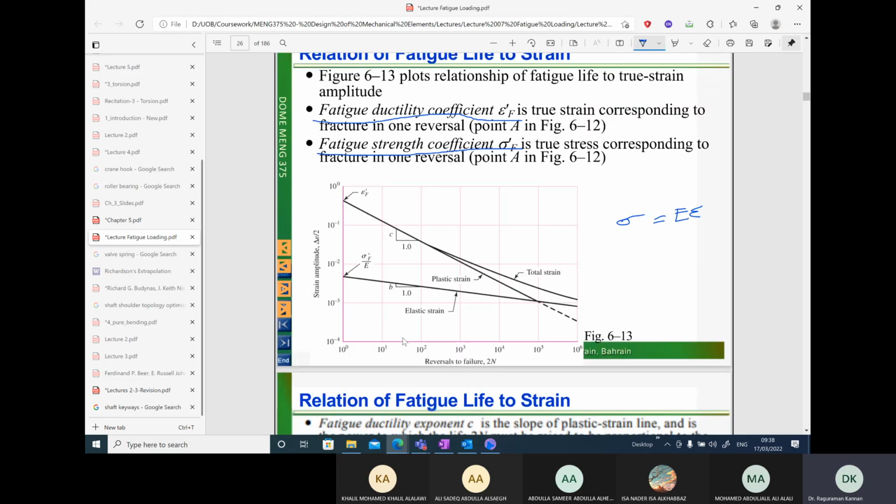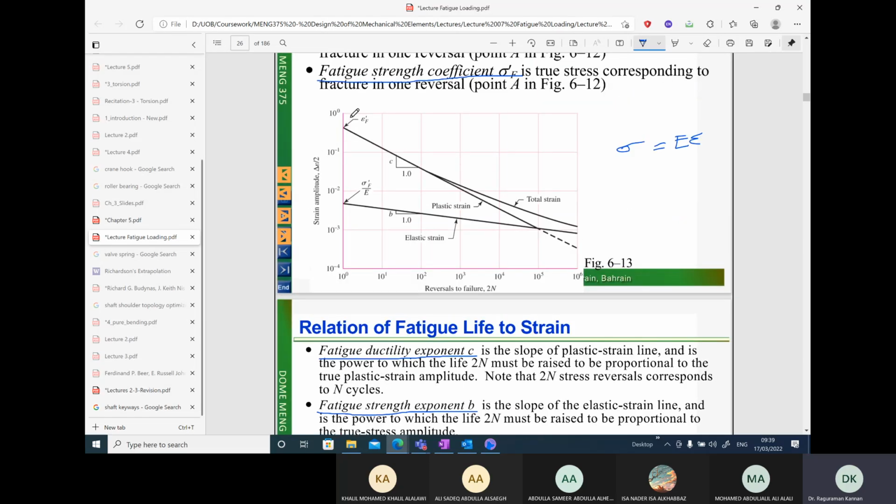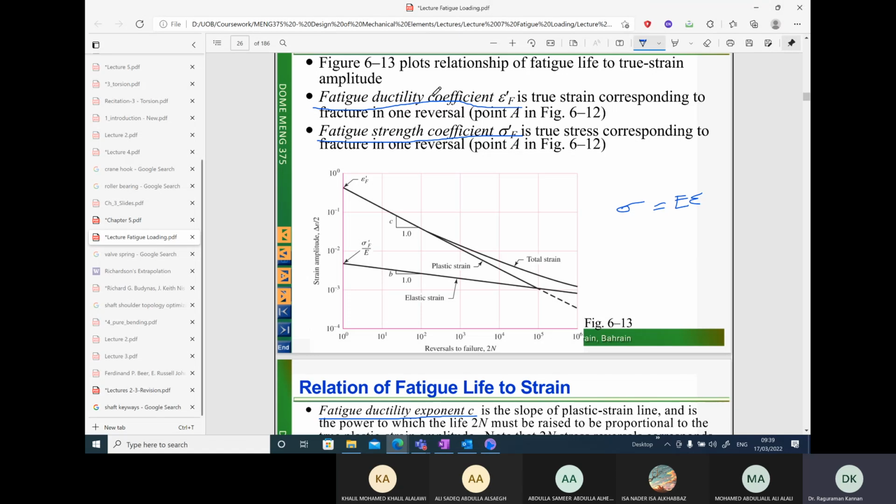That is the idea. Now to the slopes: the slope c for the plastic curve is called the fatigue ductility exponent c, and the slope b for the elastic curve is called the fatigue strength exponent b. With respect to the elastic curve, it is called fatigue strength coefficient and fatigue strength exponent. With respect to the plastic curve, it is called fatigue ductility coefficient and fatigue ductility exponent.